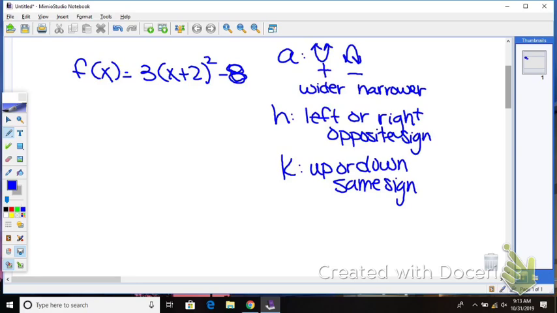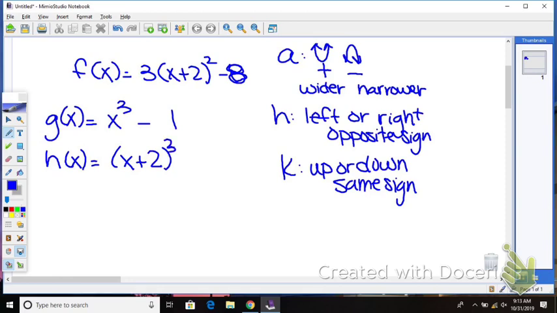Okay, so example 1 says we're going to talk about the shift of each one of these. g(x) = x^3 - 1, and h(x) is going to be (x + 2)^3 + 1. So in this, it says use the graph of f(x) = x^3 to sketch the graph of each function. So I'm going to show you what x cubed looks like.